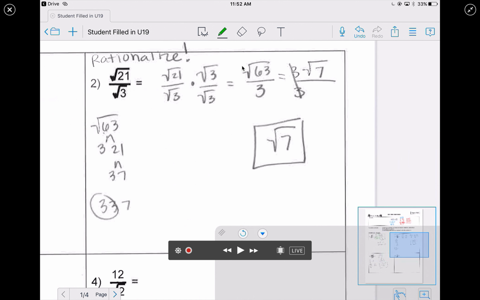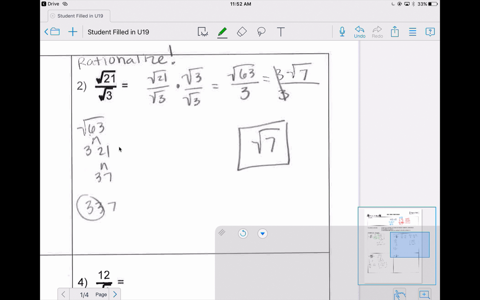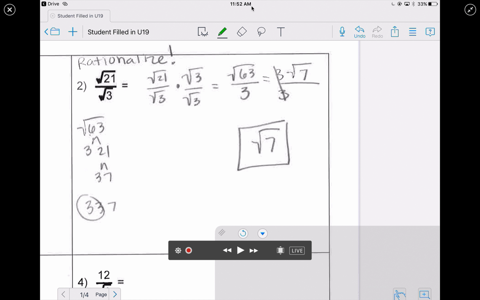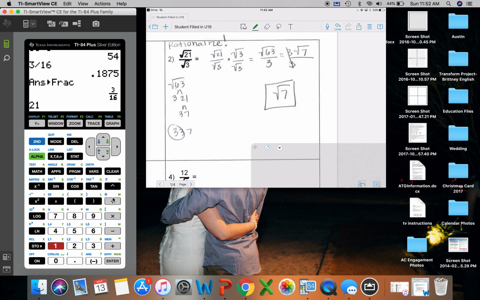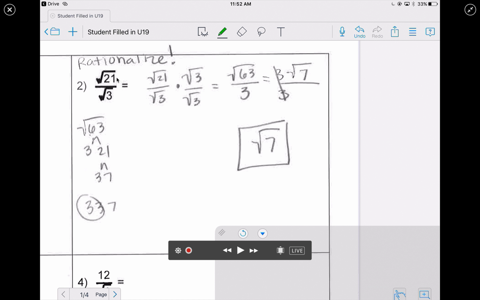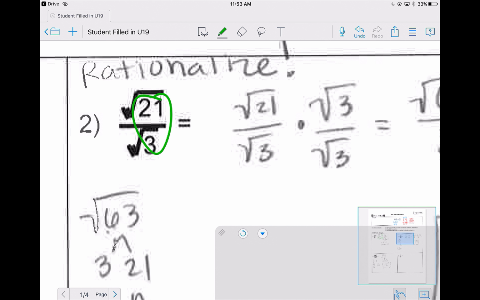Okay. So problem 2, this is how you rationalize. However, it would be a lot simpler to say 21 divided by 3 is 7. That's the answer that we got. So the square root of 21 over the square root of 3, because they're both inside the square roots, you can divide.